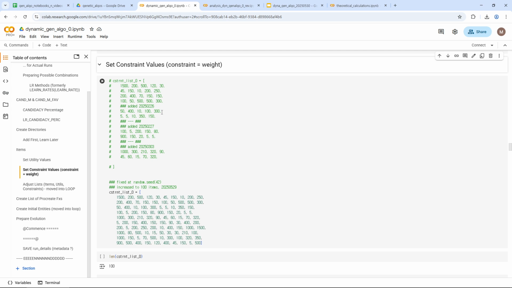So finally, back to the first setting, where the number of items goes from 10 all the way to 100, increasing by 10 items. Actually, sorry, take a deep breath.